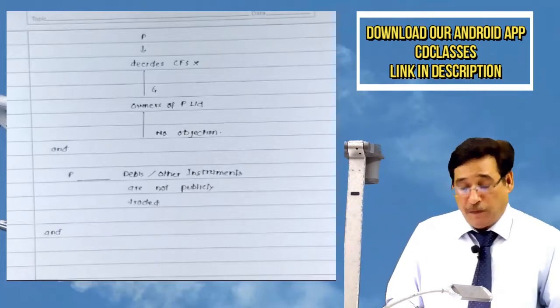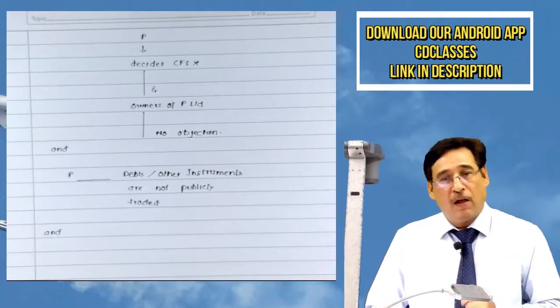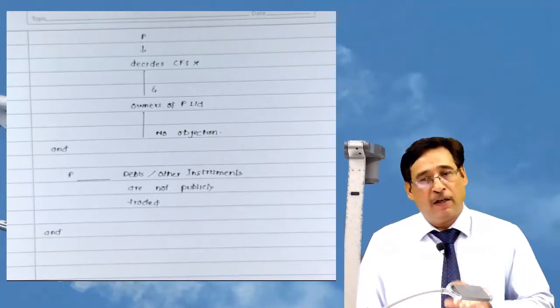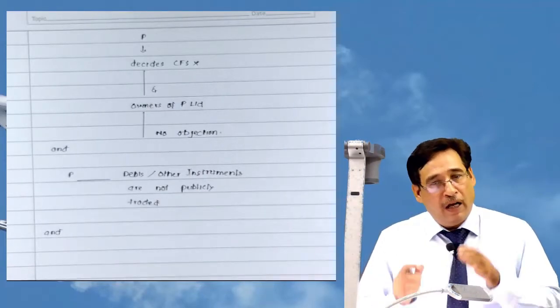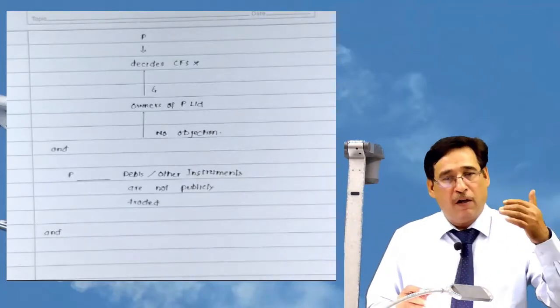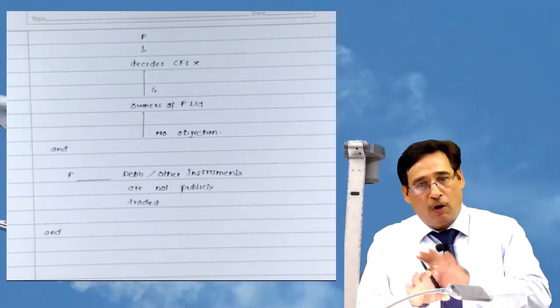We are moving right from the beginning now. The exception says that if you are a parent, but at the same time you are a subsidiary, wholly or partially owned, and you decide not to prepare the consolidated financial statement, and the owners of your company, the shareholders, whether they have voting rights or not, have no objection to it.